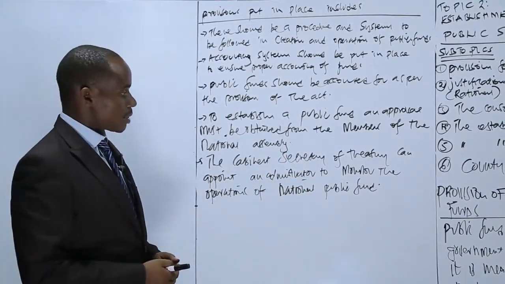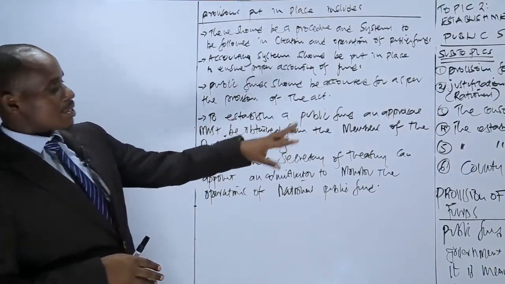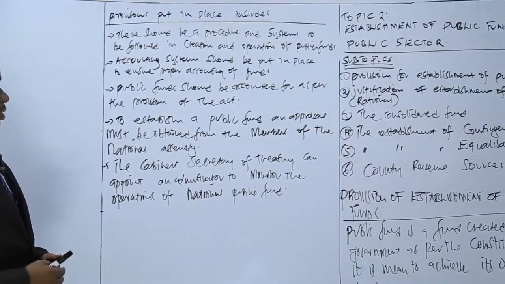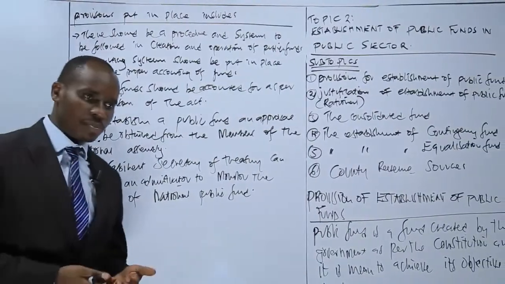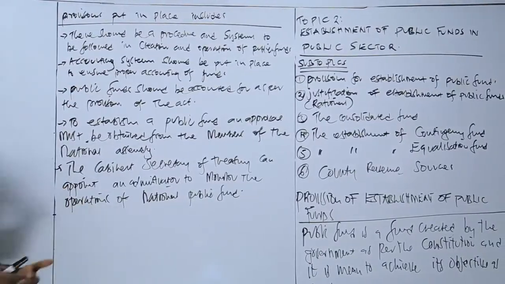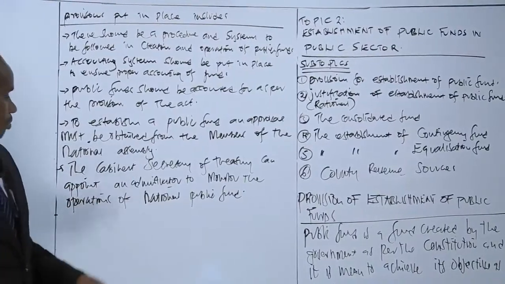Don't forget that the CS is answerable in case this money is misappropriated. We will request the CS to come up and tell us why that money was misappropriated. That is why we are empowering him to have somebody who can help him to monitor the operations of such public funds.